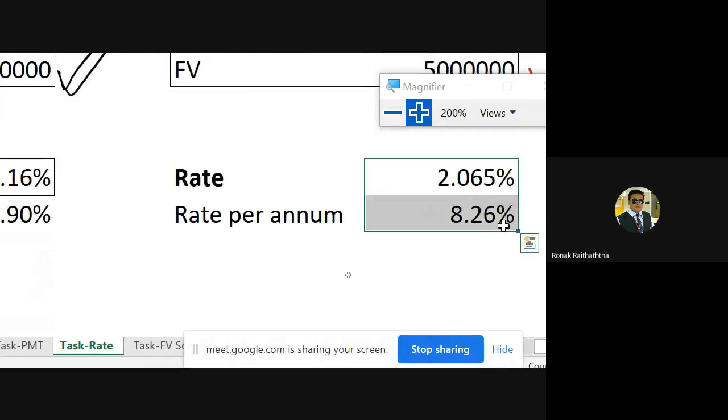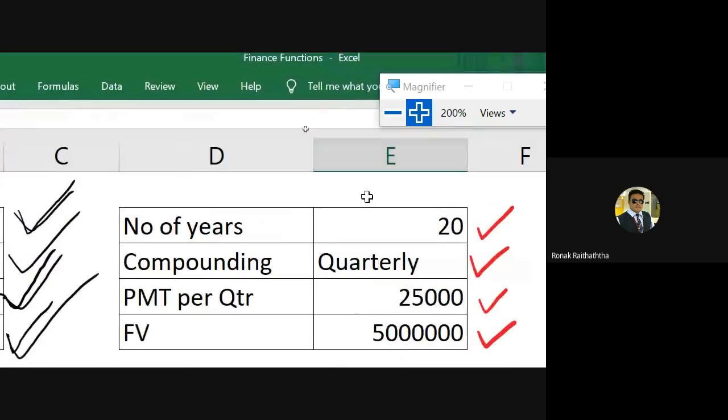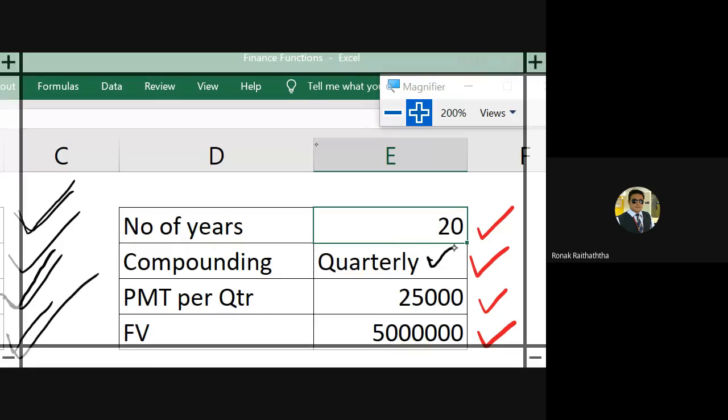I'm deleting all this. The number of years would be 20. Compounding frequency would be quarterly. And PMT, which is an annuity, I would invest 25,000 in each and every quarter. And my requirement is that I need 50 lakh rupees after 20 years. Now you are supposed to tell me what will be the rate of return expectation from this investment.